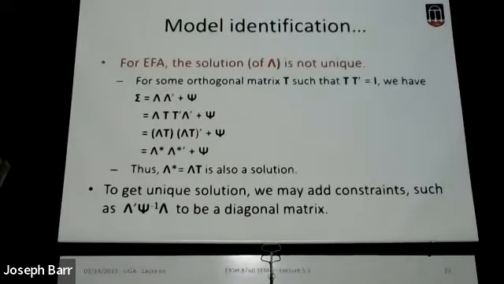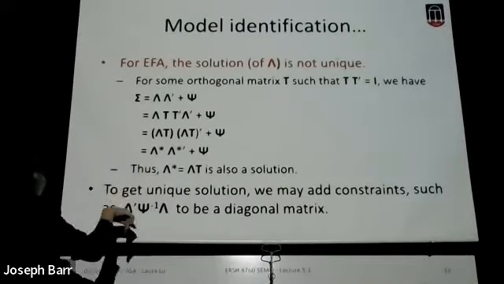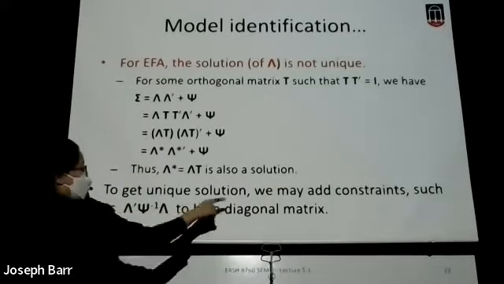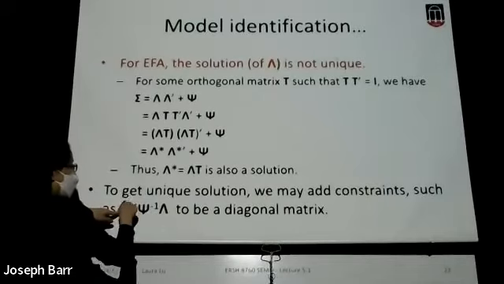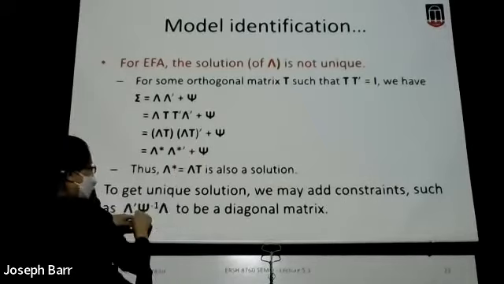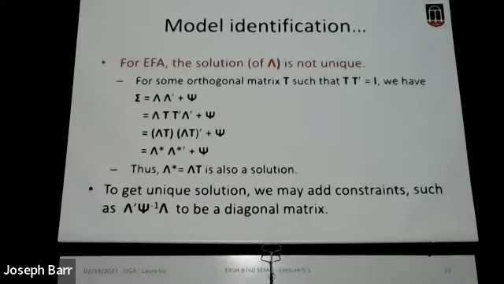Okay, we can have many constraints, but this is also a very popular one. We can make this one a diagonal matrix. The one solution lambda, the transpose, the inverse of the psi times the original lambda, makes this product a diagonal matrix.